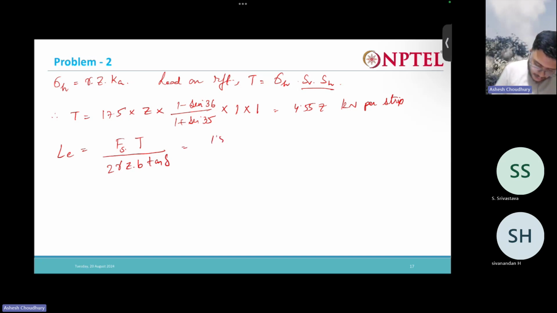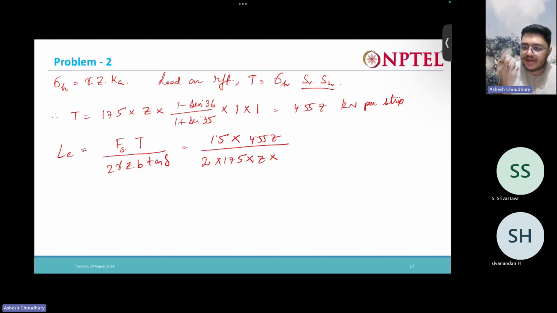The factor of safety is 1.5 times T, 4.55 Z, divided by 2 times 17.5 times Z times B, which is 100 mm, the width of the reinforcement, so 0.1, times tan delta, which is given as 24.